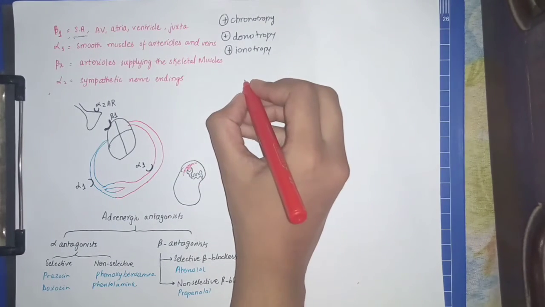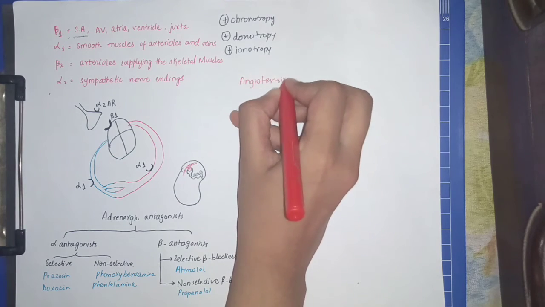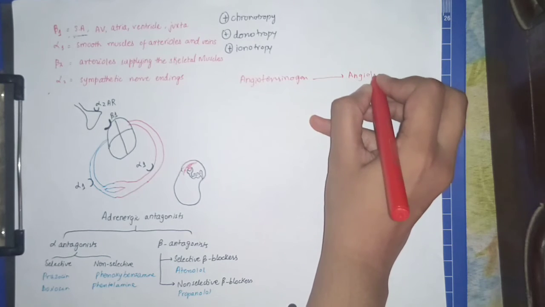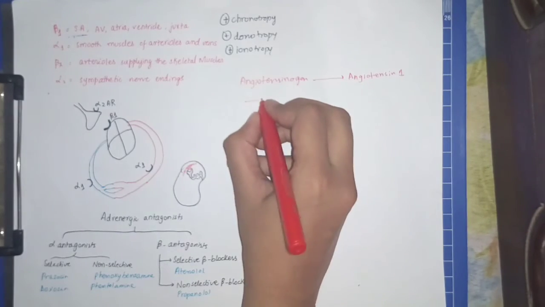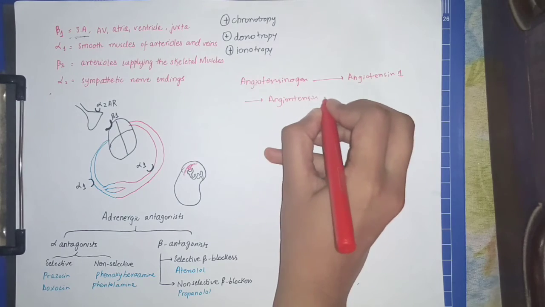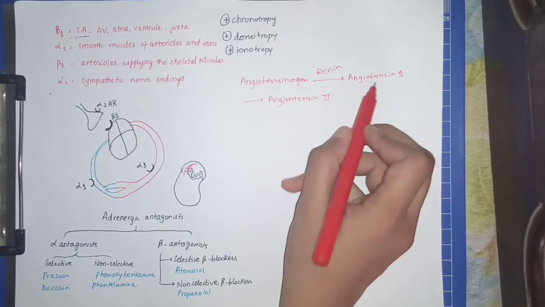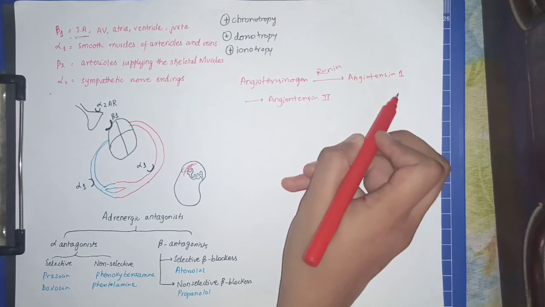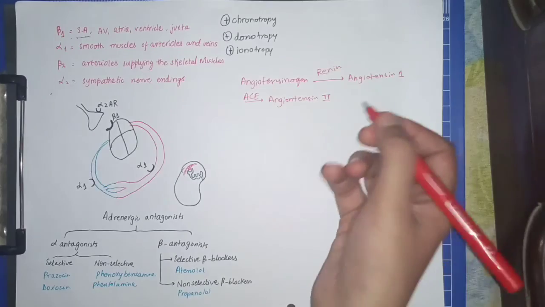Renin is a protease which converts angiotensinogen into angiotensin 1, and angiotensin 1 to angiotensin 2. Angiotensinogen is converted into angiotensin 1 by renin. Angiotensin 1 is converted to angiotensin 2 by ACE, angiotensin converting enzyme.